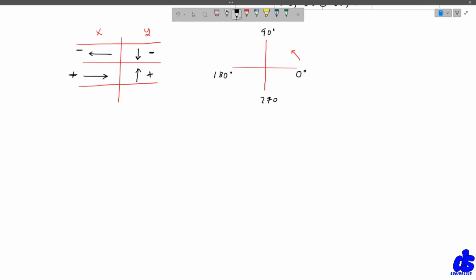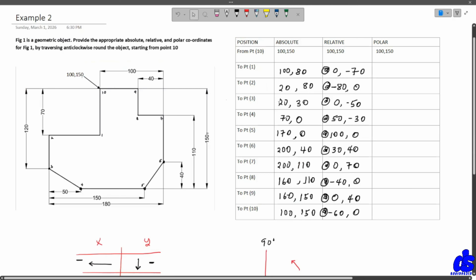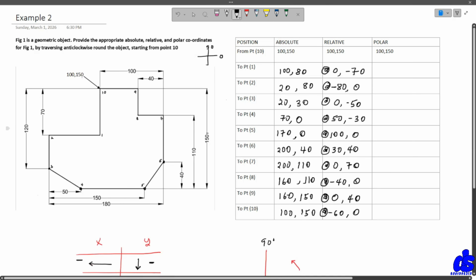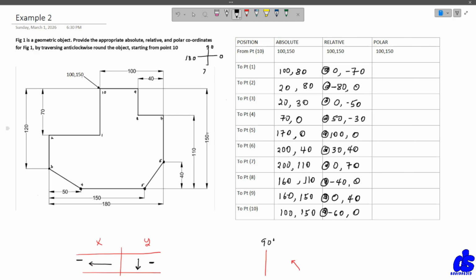So this is going to be very key in specifying the polar coordinates. I'm going to draw it somewhere here so that you can easily reference it. So we have 0, 90, 180, then 270.